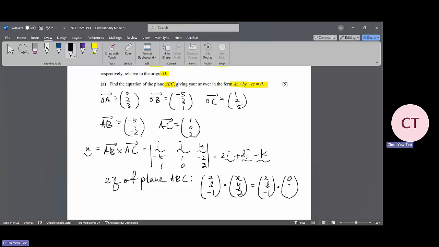So over here, I put 0, 2, 3. So I have 2x plus 8y minus z is equal to 0 plus 16 minus 3. So it's actually 13. Done. This is the answer for number 3A.